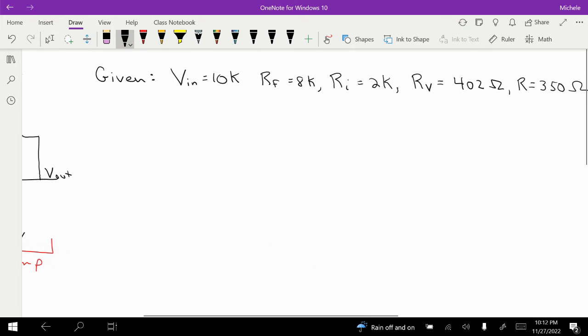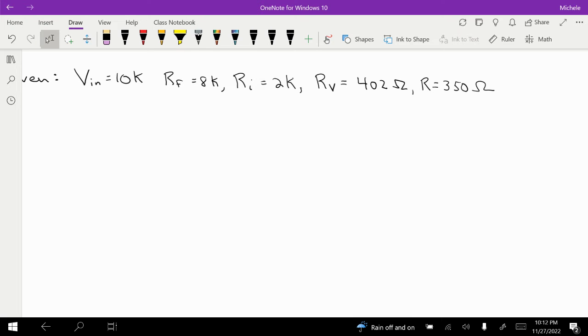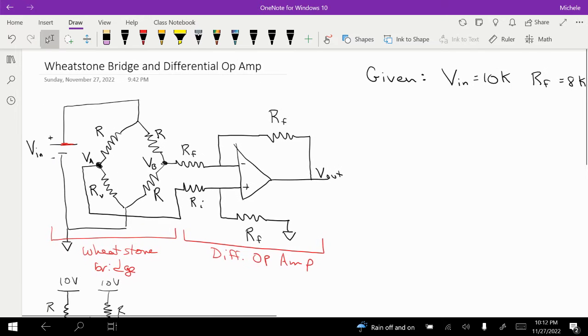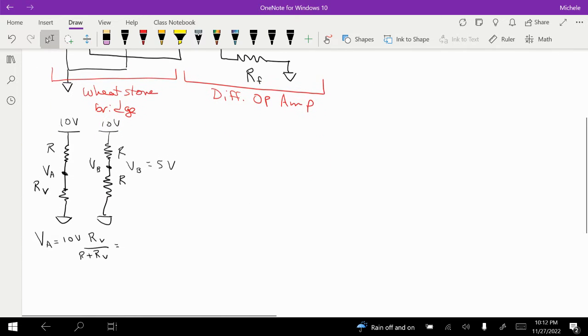So our givens are V in is 10 volts, RF and RI are 8K and 2K respectively, and then RV is 402 and R is 350. So over here, we're going to have 402 divided by 350 plus 402, all times 10 volts.